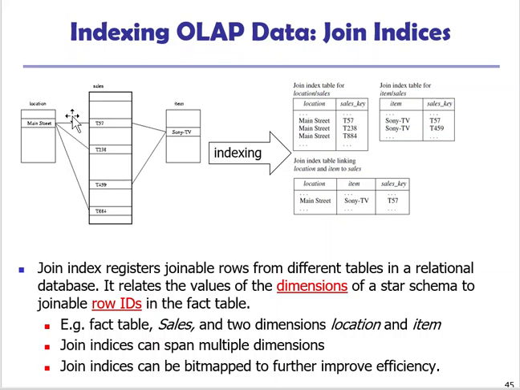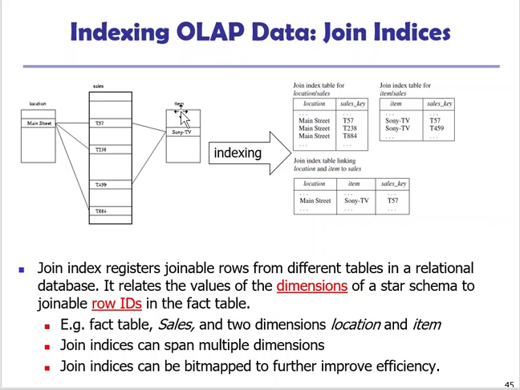Between the location table and the sales table, we can create this join index table. We can have Main Street, because Main Street is related to those 3 records. So we put the 3 primary keys, the IDs from the sales table, here. Those are joinable because they are describing the same sale event.